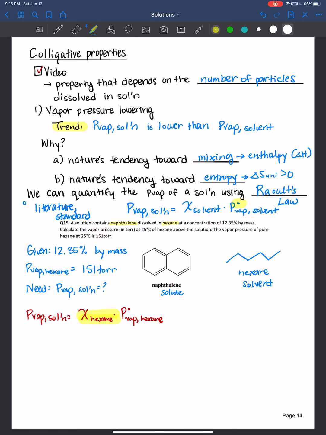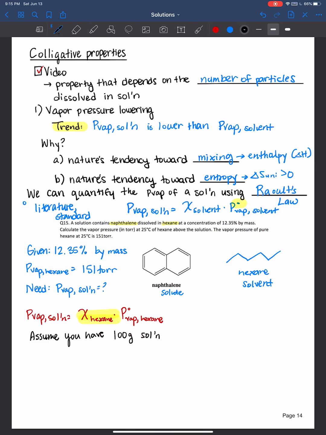We're given a concentration of 12.35% by mass. And what I always tell students, when you have mass percent, assume you have 100 grams of solution.